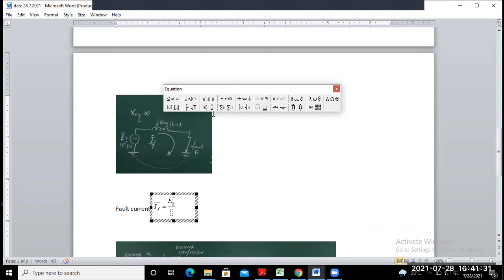So E in per unit divided by JXE, X equivalent in per unit. So this IF is also in per unit.